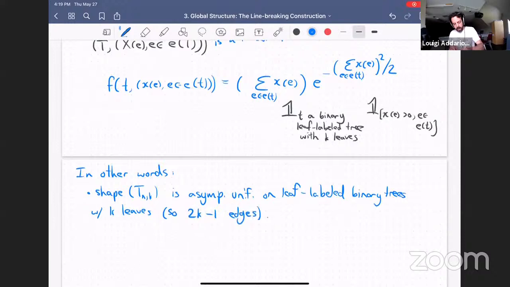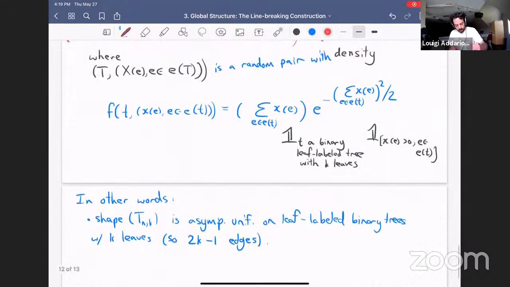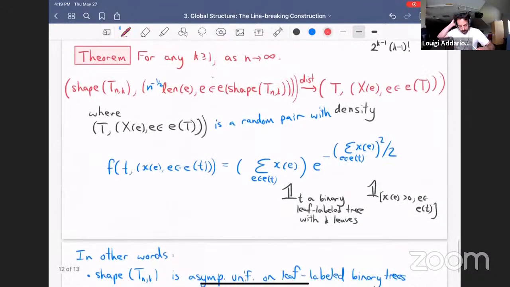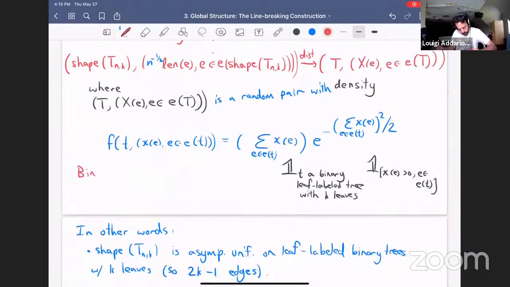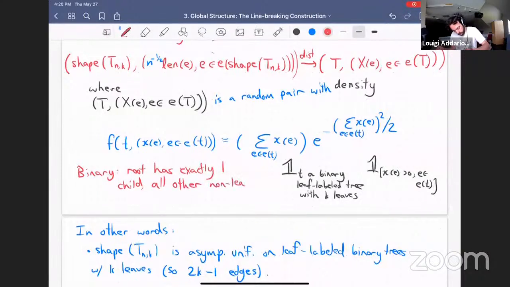So I'm using the term binary tree here to mean that the root has exactly one child, and all other non-leaf nodes have exactly 2 children.